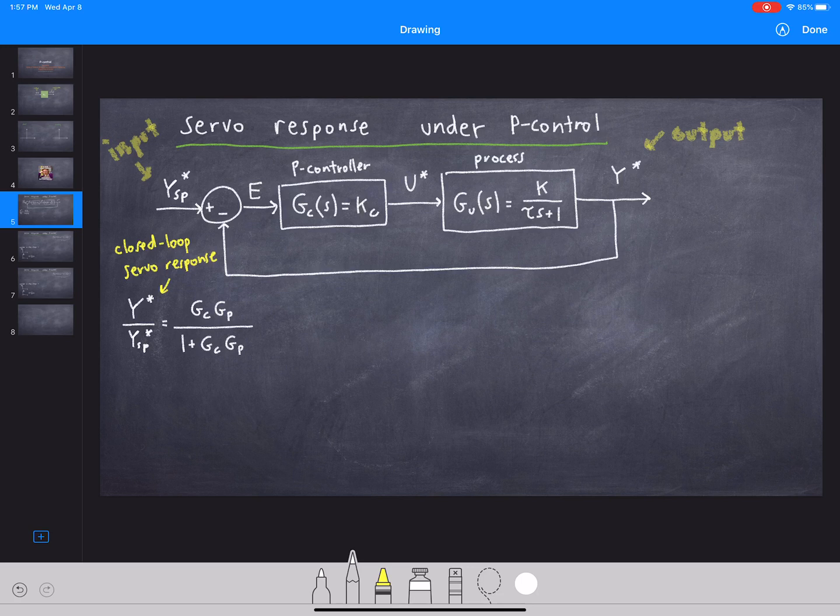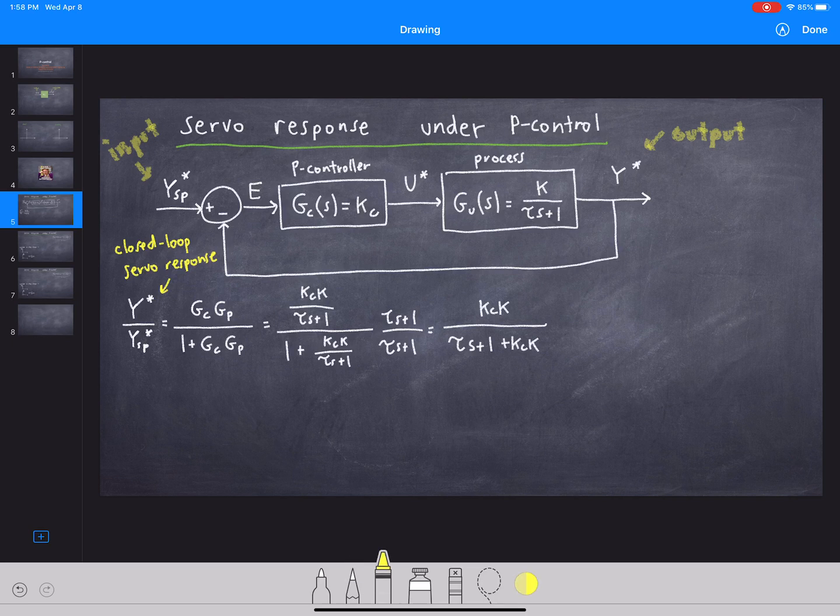And then if we plug in this specific control law, this specific process, what we get is KC K over tau s plus 1 over 1 plus KC K over tau s plus 1, okay? And that's a mess, but if we multiply by 1 in a fancy way, by tau s plus 1 over tau s plus 1, then we get KC K over tau s plus 1 plus KC K.